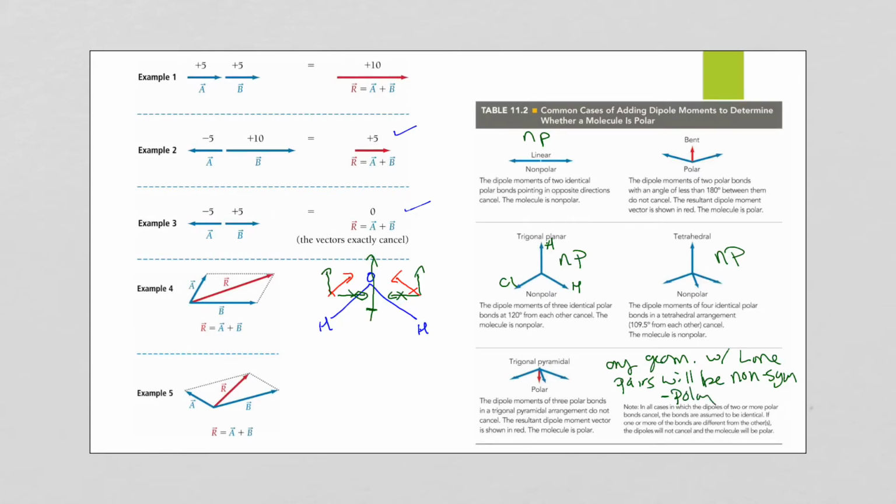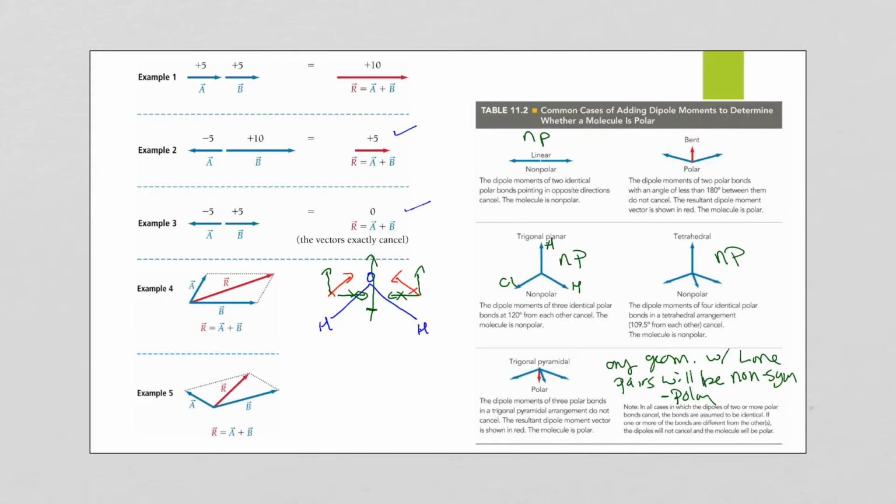So you can't have, say, a trigonal bipyramidal that has polar bonds be nonpolar. Because the dipoles in any of these non-symmetric structures with lone pairs are never going to cancel out. So if you have a polar bond and a structure that has lone pairs, it will always be polar. That's a good thing to keep in mind as you're looking at the structure.